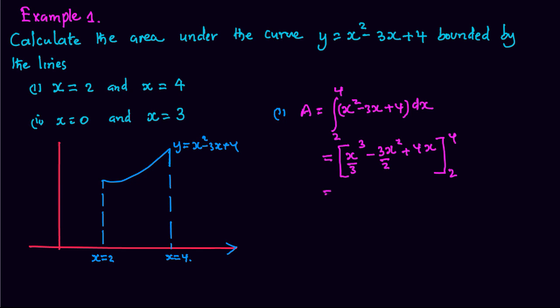This is equal to 4 cubed over 3 minus 24 plus 16 minus 2 cubed over 3 minus 6 plus 8.